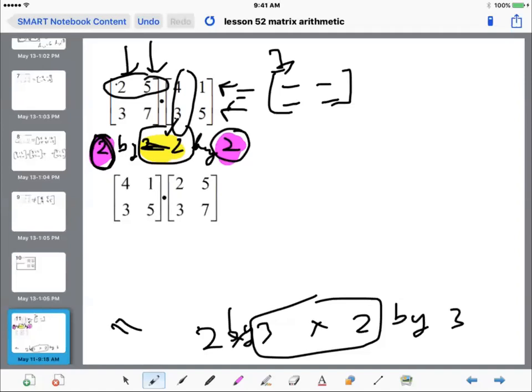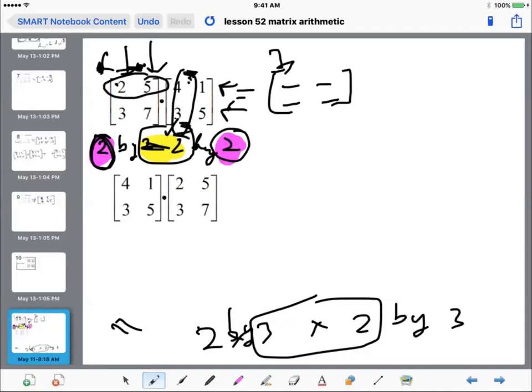I'm going to take the 2 times the 4. I put my finger on the 2, and I put my other finger on this 4. And I think, okay, 2 times 4 is 8. Then I move this finger to the right, so it's over the 5, and this finger down, so it's over the 3.